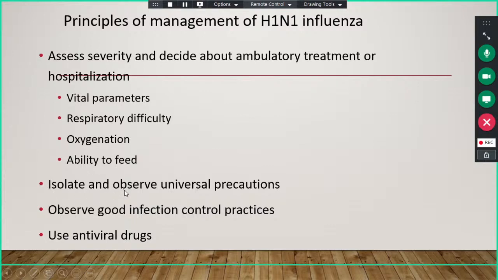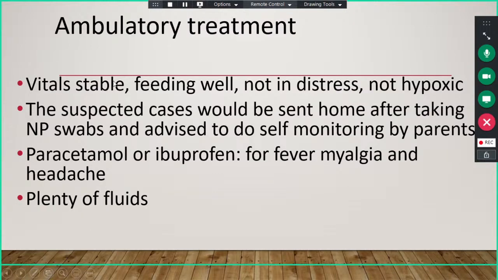Then you follow isolation and observation, universal precautions, good infection control practices, and use antiviral drugs. If a patient has stable vitals, meaning normal heart rate, normal respiratory rate, no respiratory difficulty, a small child who is feeding well and not having a chest syndrome, not hypoxic as indicated by oxygen saturation of more than 94% in room air, they could be treated at home after taking a nasopharyngeal swab and advised self-monitoring at home, or if it is a child, it is done by parents.